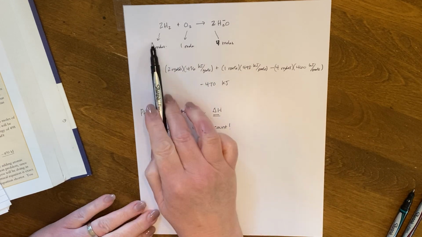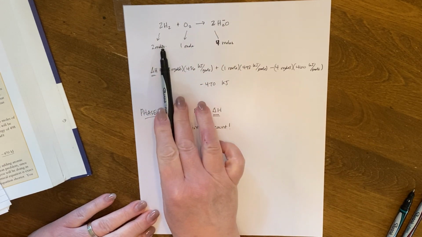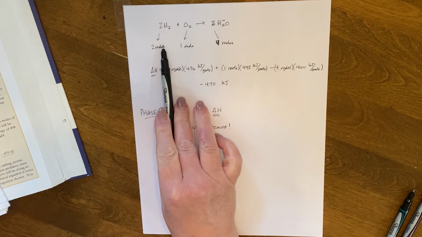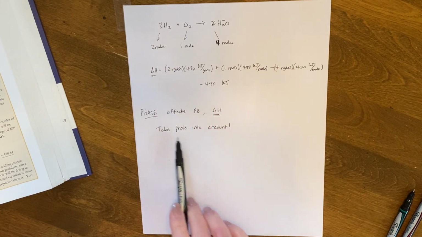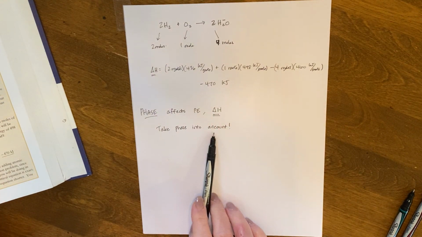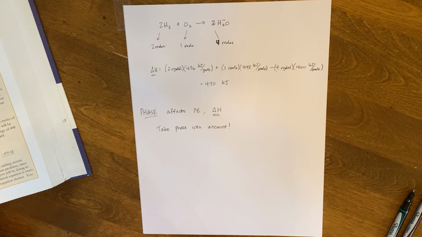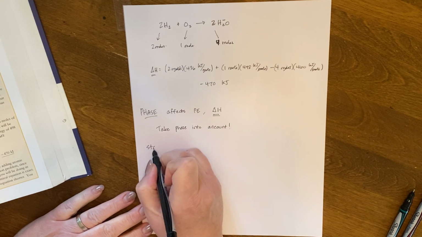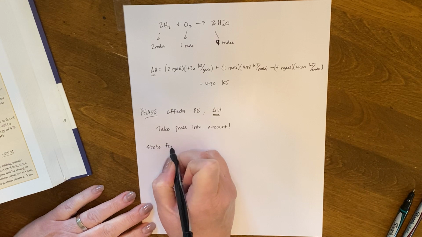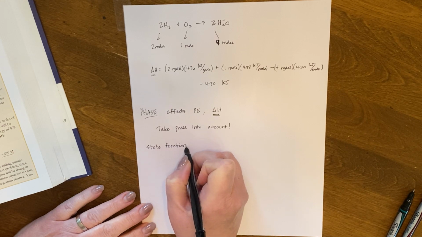Okay, so we started out very simply and we didn't pay attention to the phase. Now we are going to take the phase into account. The book talks about how we can do this because enthalpy is a state function.